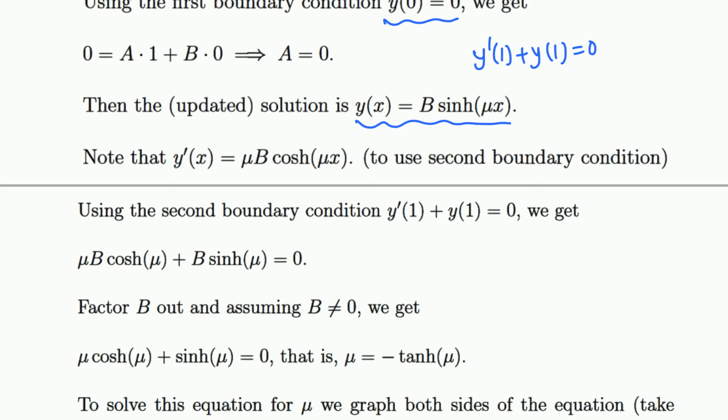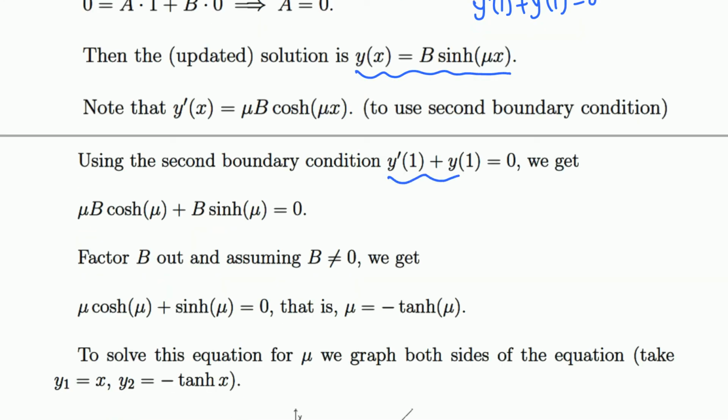Setting the condition equal to 0 and plugging in x equals 1, we get mu b cosh mu plus b sinh mu equals 0. Now we solve this equation for b.